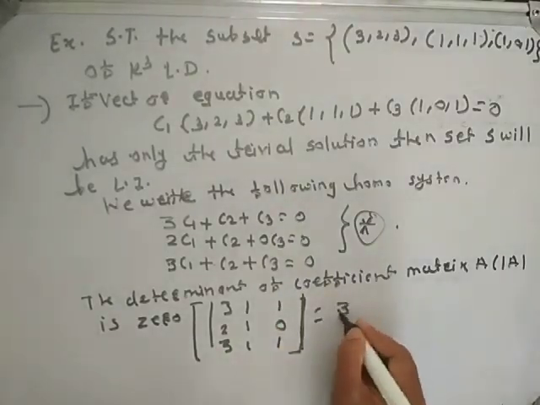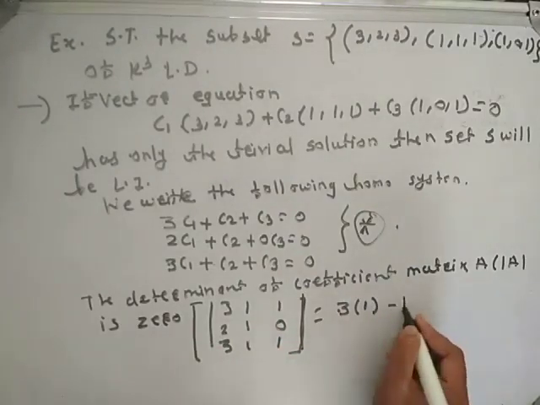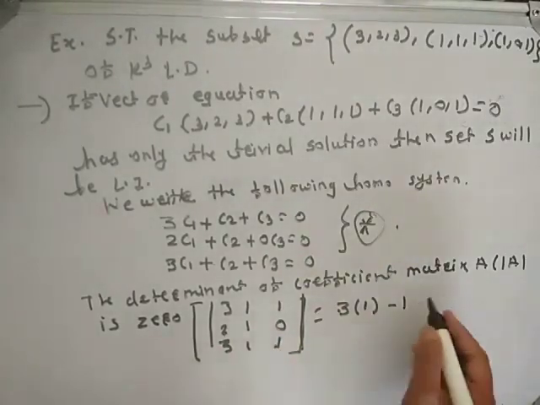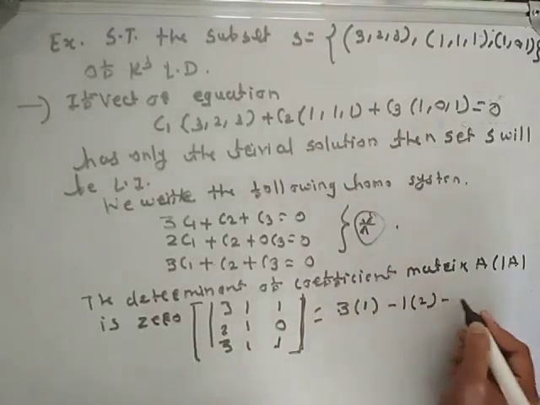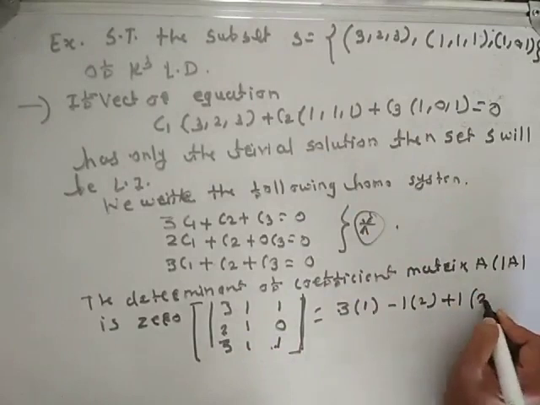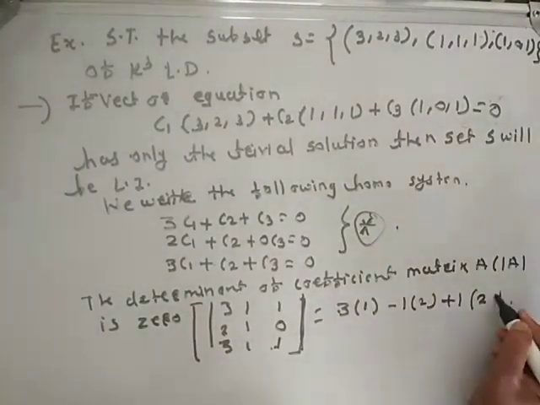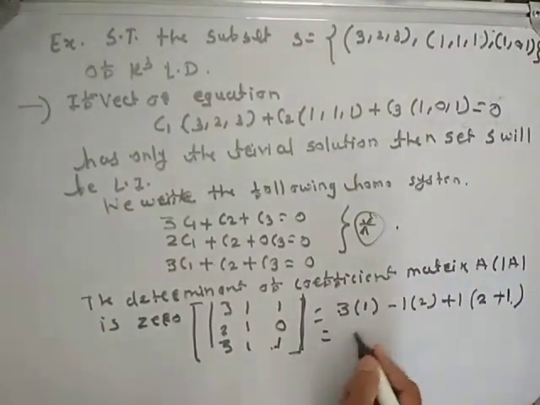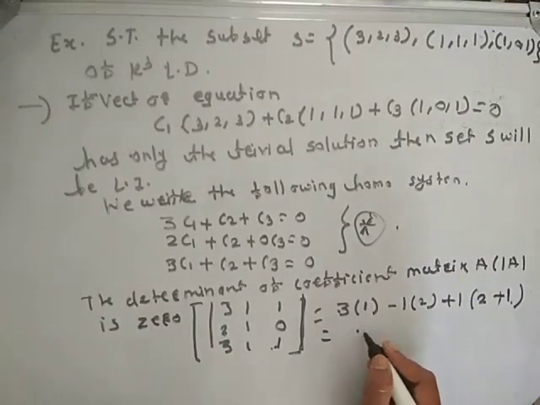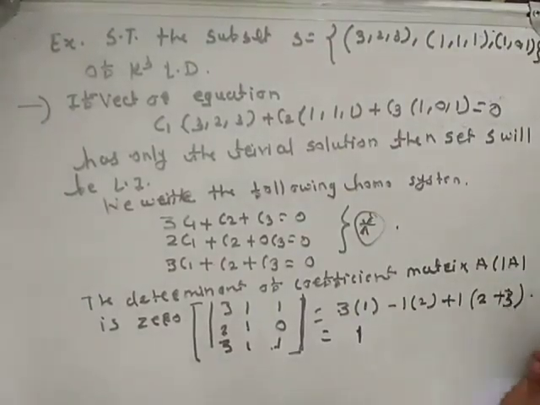This will be 3 times (1 minus 0), minus 1 times 2, plus 1 times (2 minus 3).